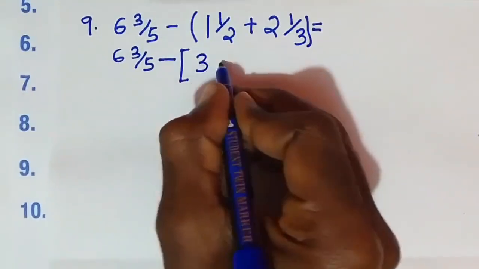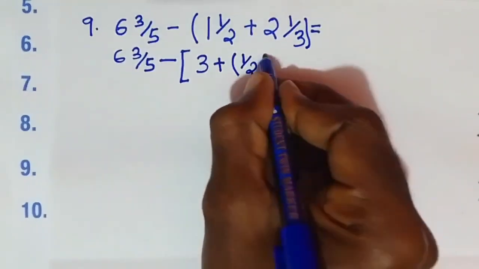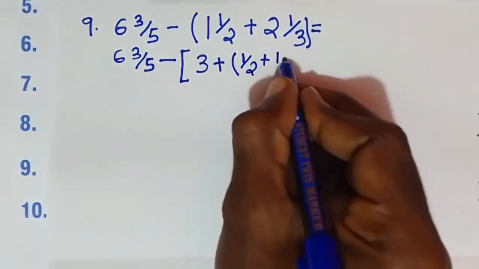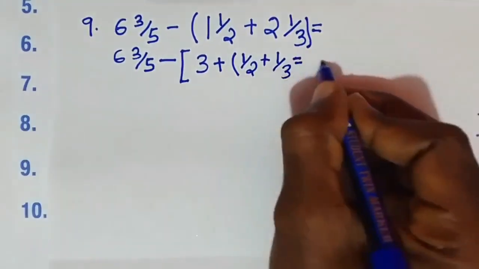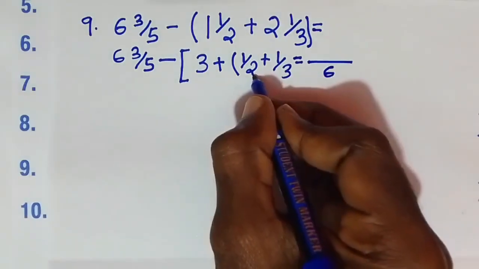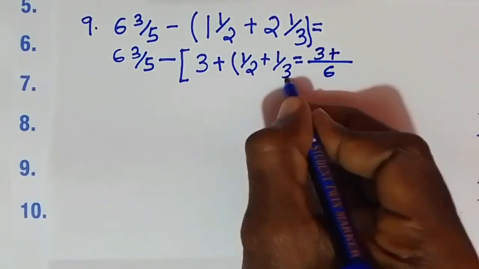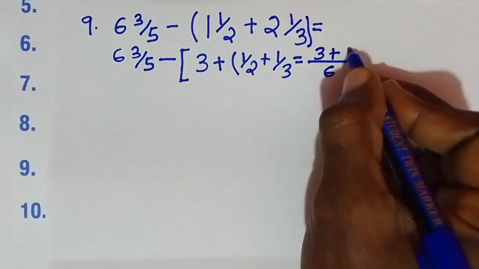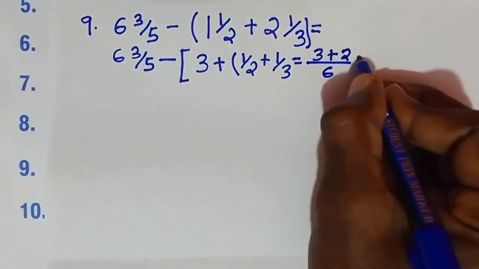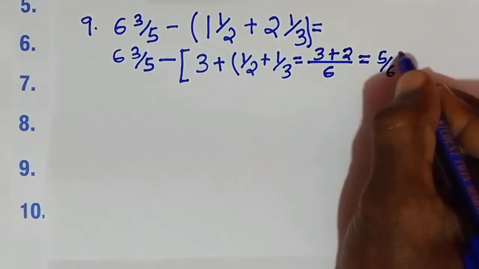That is going to be 3 plus 1 over 2 plus 1 over 3. The LCM is 6. 6 divided by 2, 3. 3 times 1, we got 3. Plus 6 divided by 3, 2. 2 times 1, we got 2. This gives us 5 over 6.